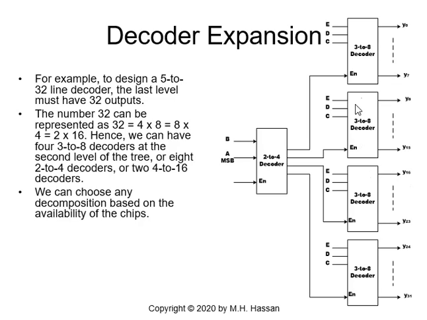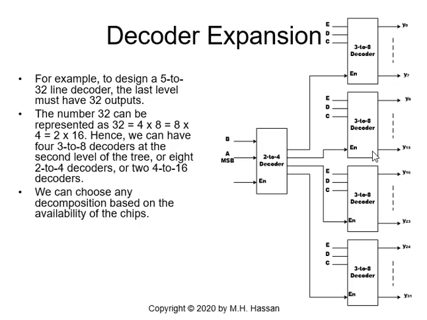The 2 16 decoders can be enabled by simple gates if we want to, because they could be enabled by only the most significant bit A. So we can have the outputs 2 by 16.